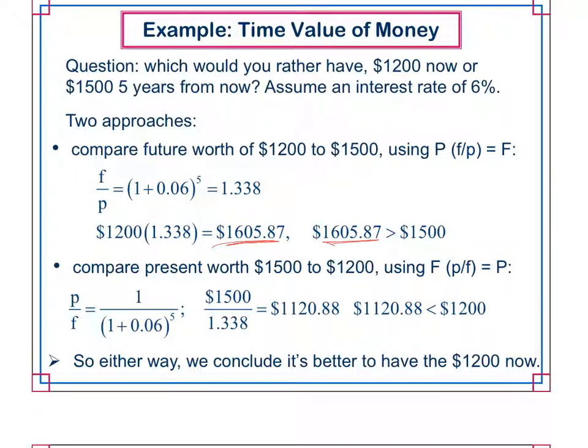So I want to take my $1,500 and move it back in time using my function here. That is $1,120. That is less than the $1,200 that I have today. So either case tells you it is better to keep the $1,200 today and not accept the $1,500 that's being offered to you. So take the $1,200 today.